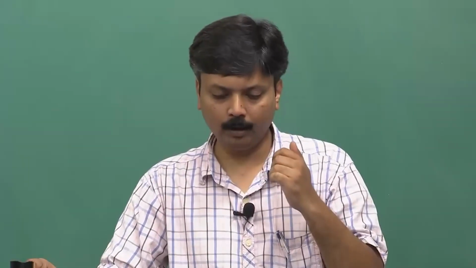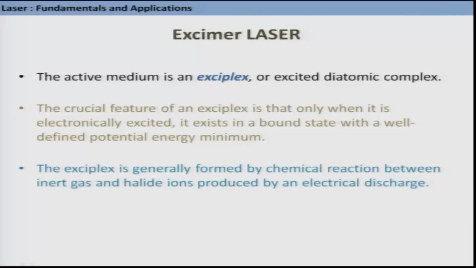So if I look into the potential energy diagram, then it will look like the ground state there is no bond. So if there is no bond, then the ground state is not a bound state, right? So it will look like a dissociative state or unbound state. An unbound state looks like this. So this is my ground state for this system. Okay, and when I excite them, so I bring in a photon and the molecules here, they get excited and there they form the complex.